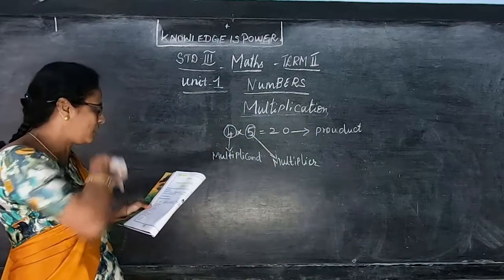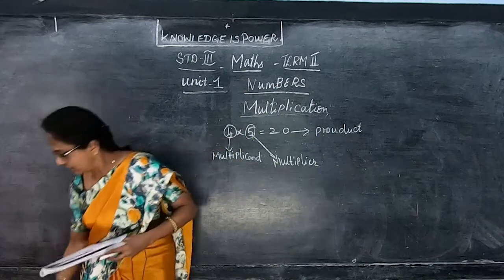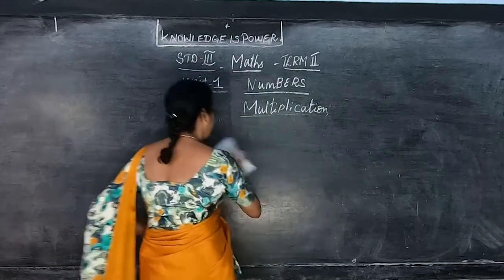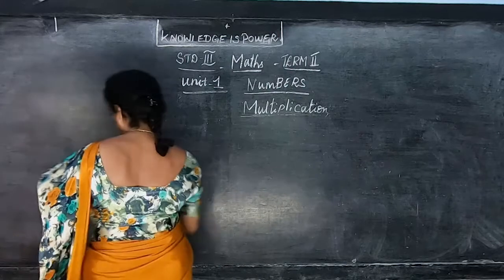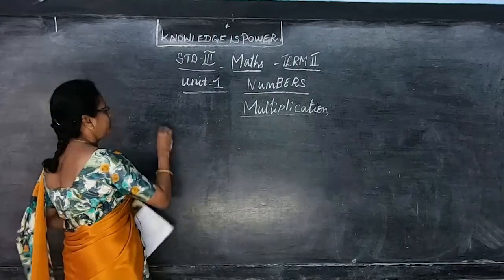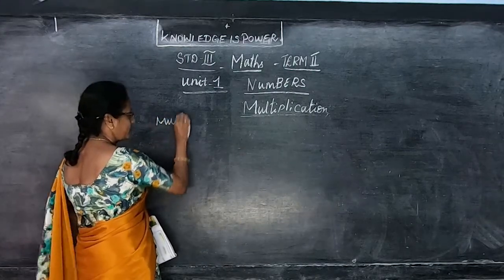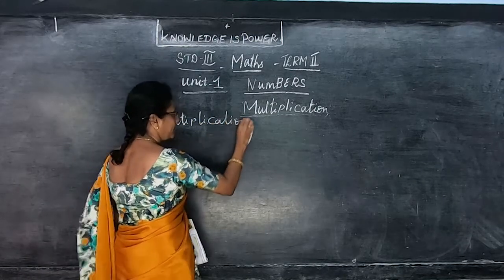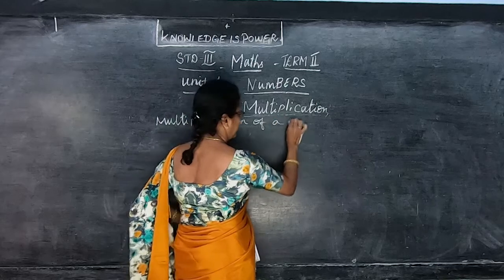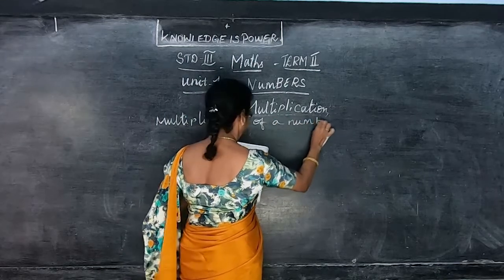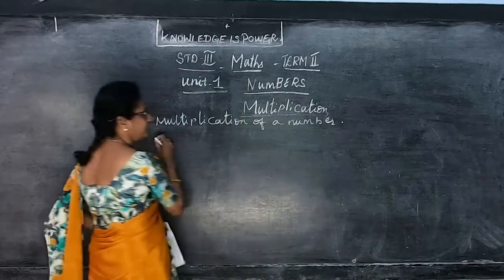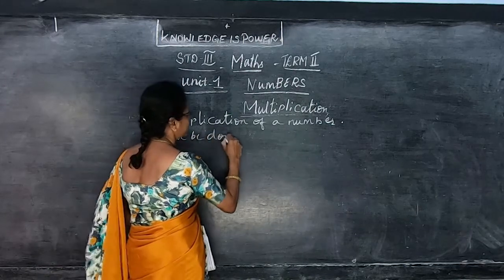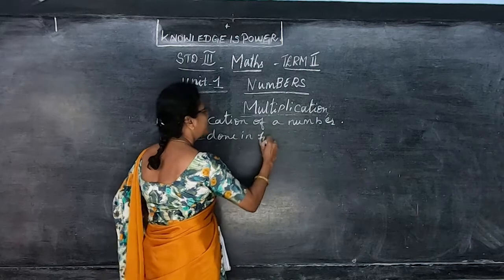Okay. Now in this multiplication, we can do it in 5 ways. Multiplication of a number can be done in the following ways. What are the following ways?